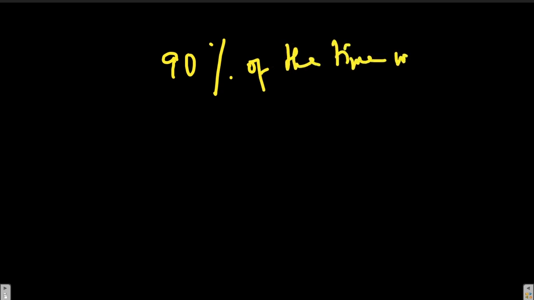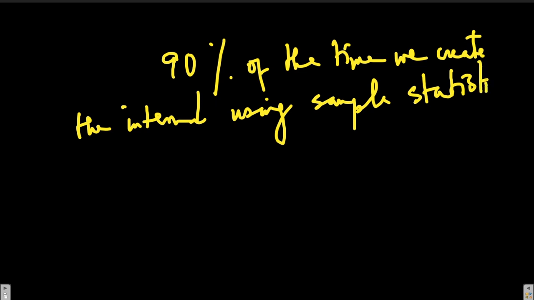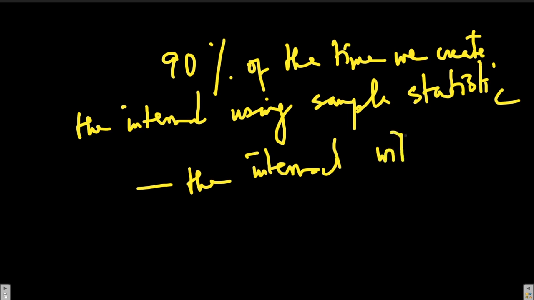we create the interval using a sample statistic. Here it is a mean, it could be proportion, anything. The interval will contain the population mean.